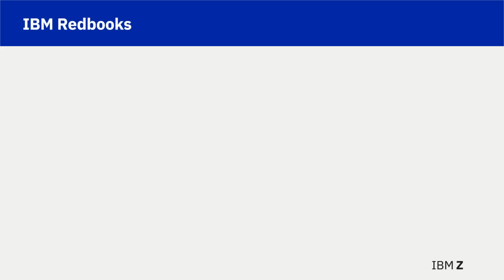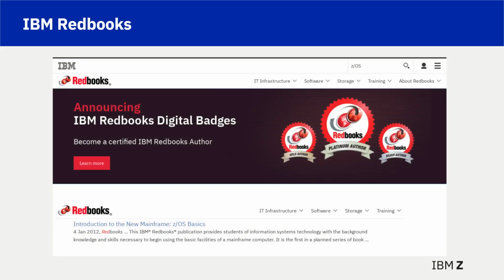It is worth repeating that the IBM Redbooks are a treasure of knowledge about all IBM products, which includes zOS and IBM Z. A search for zOS in a Redbook title would return too much. However, a search for zOS in the title would provide an idea of what is available, such as this example entry about zOS basics.